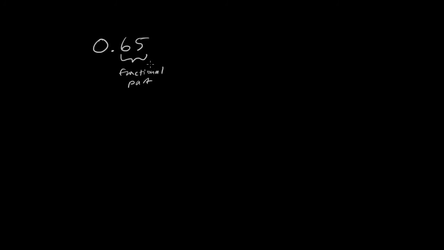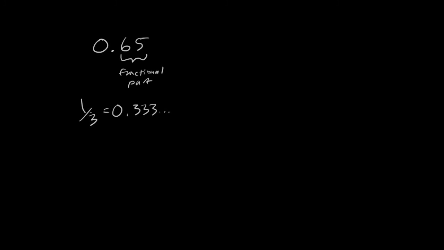Here's why. Before we get to 0.65, let's think about something like 1/3 in decimal, which can't be represented exactly. That's like 0.333 on and on forever and ever, okay? So we can't represent this number in decimal exactly.